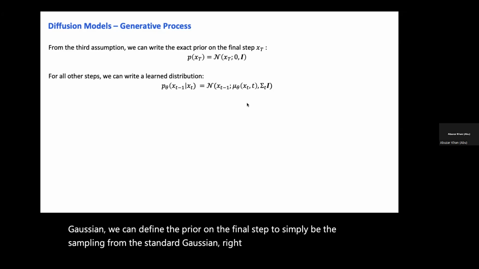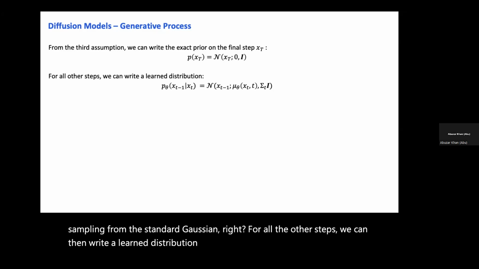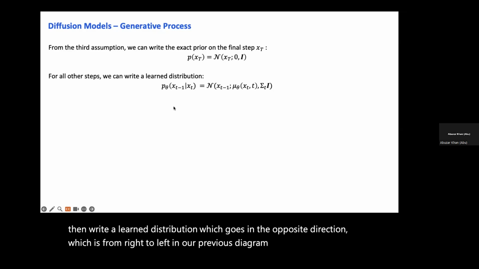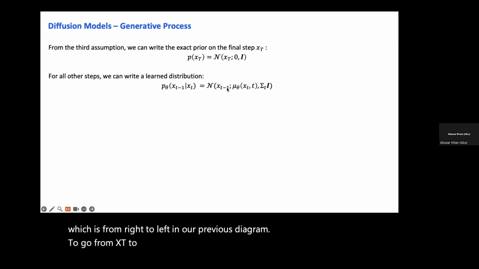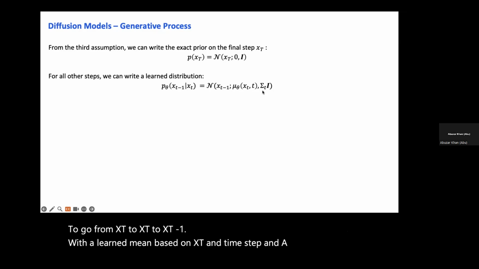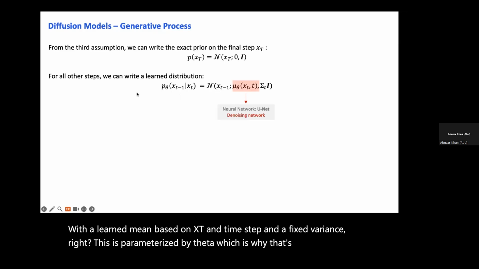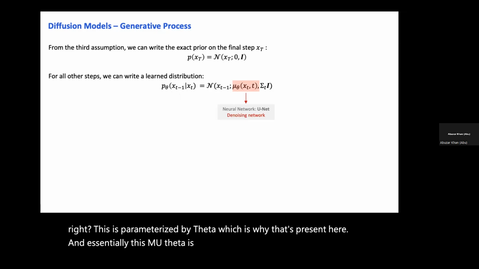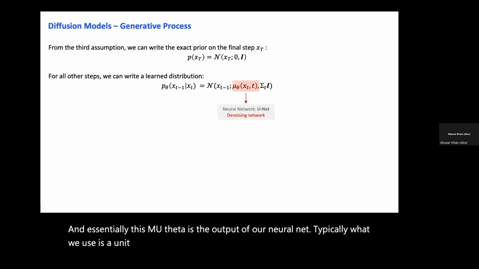For all the other steps, we can then write a learned distribution, which goes in the opposite direction, from right to left in our previous diagram, to go from xt to xt minus 1 with a learned mean based on xt and time step and a fixed variance. This is parameterized by theta, which is why that's present here. And essentially, this mu theta is the output of our neural net. Typically, what we use is a U-net, which has denoising properties.